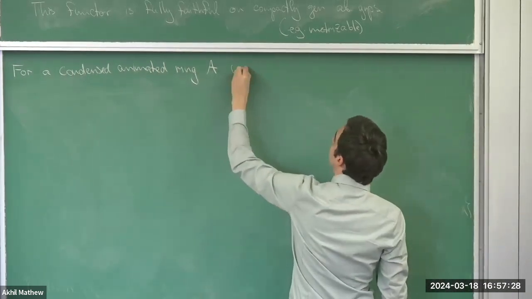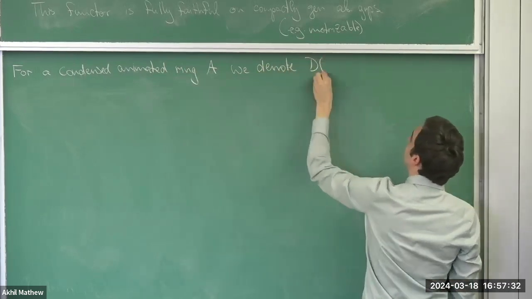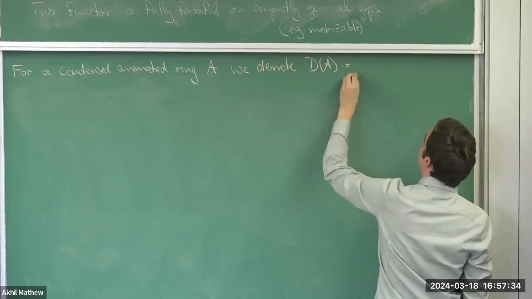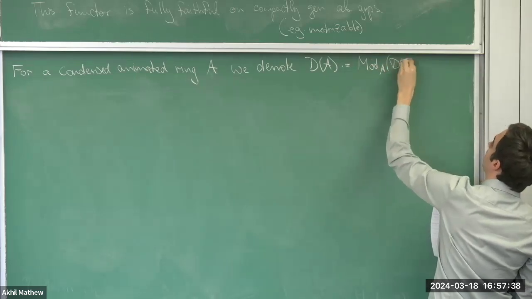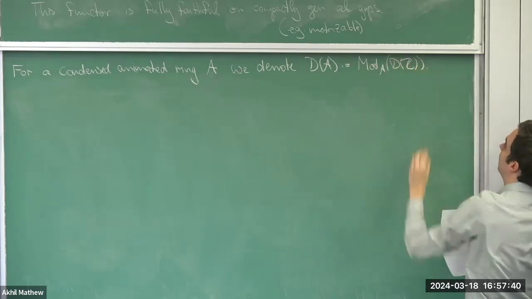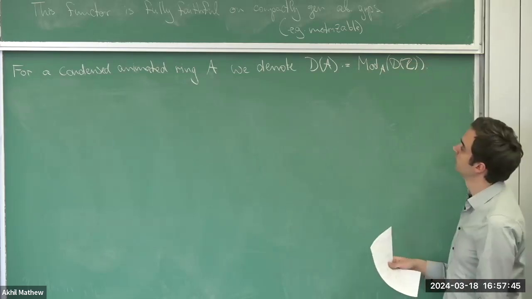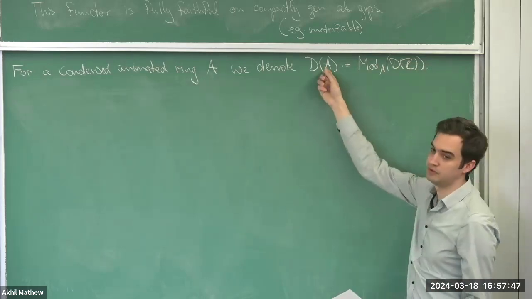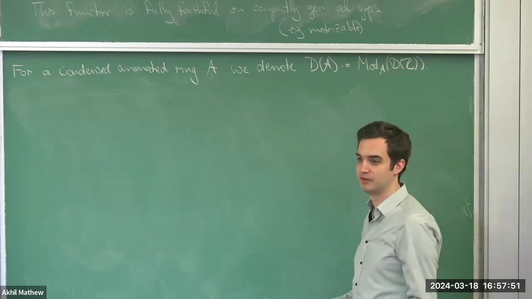And then it's just the modules over A. So that's the derived category of something like topological modules over the topological ring, topological in the sense of condensed mathematics.